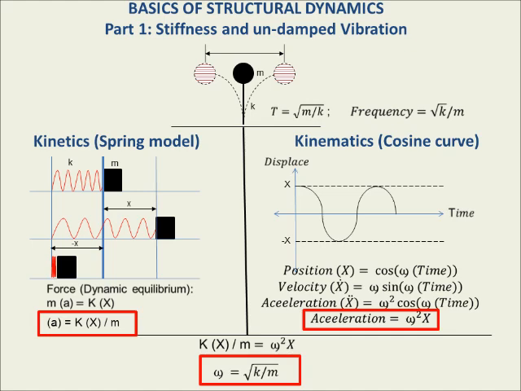Recall the frequency and the period are reciprocals of each other. The period is the amount of time it takes for one oscillation, and the frequency is the number of oscillations per unit time.